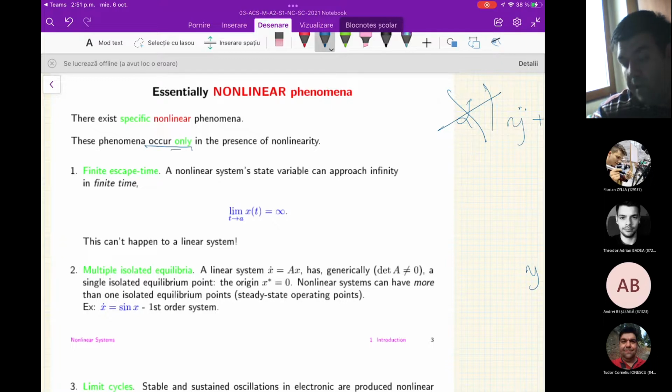The first phenomenon that springs to mind is the so-called finite escape time. That means that the solution to a nonlinear differential equation may possess a vertical asymptote.